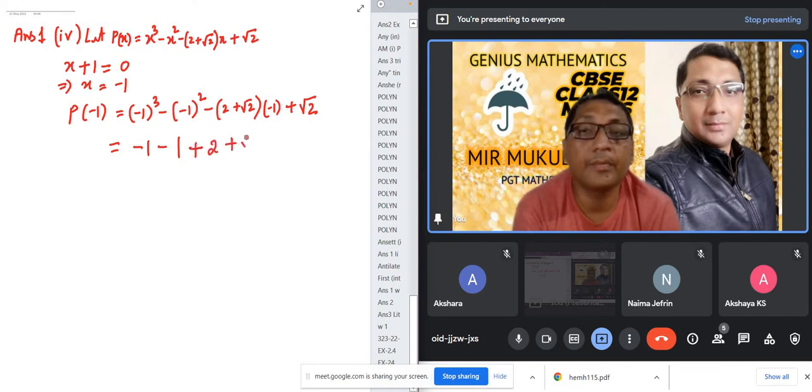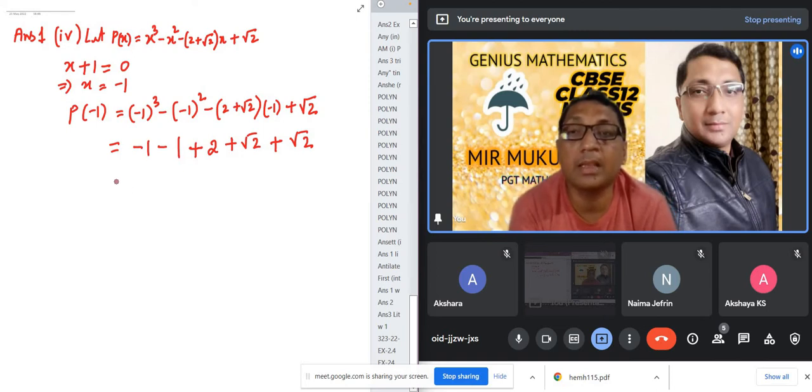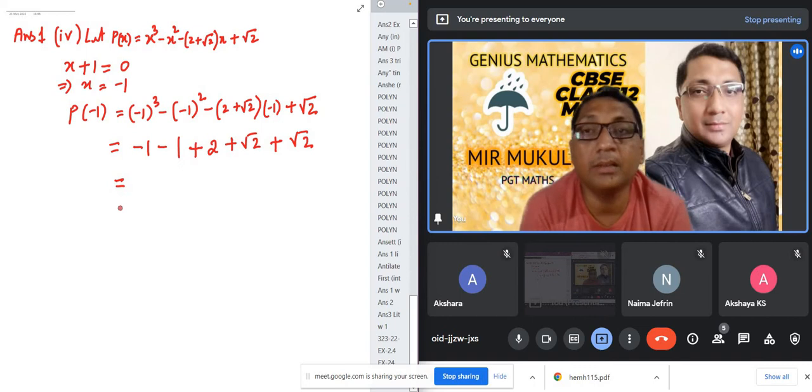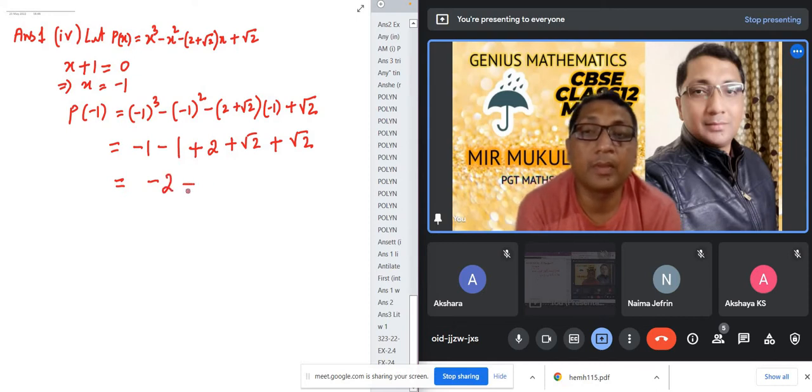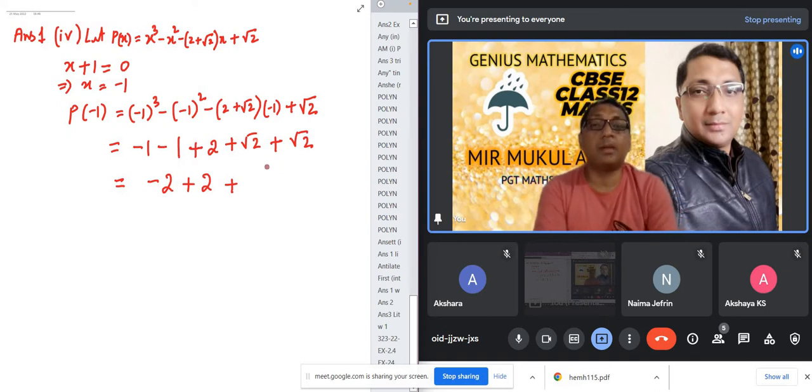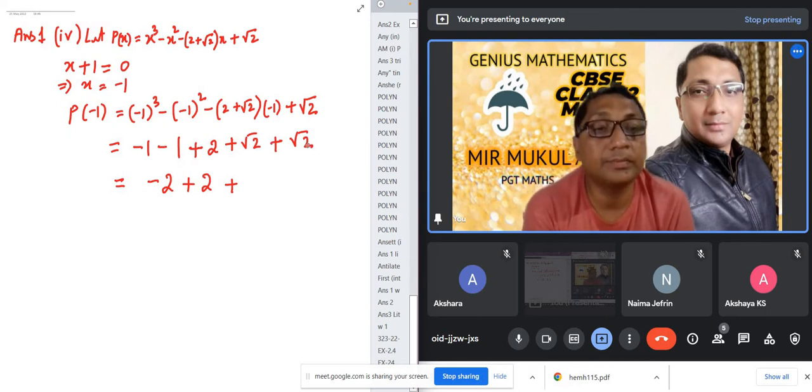So 2 plus root 2 plus root 2. So here minus 1 minus 1 minus 2. Understood, Naima? Yes, sir. Here minus 2 plus 2, and root 2 and root 2 are irrational numbers. So root 2 plus root 2, how much? Naima, can you say? Root 2 plus root 2, how much?